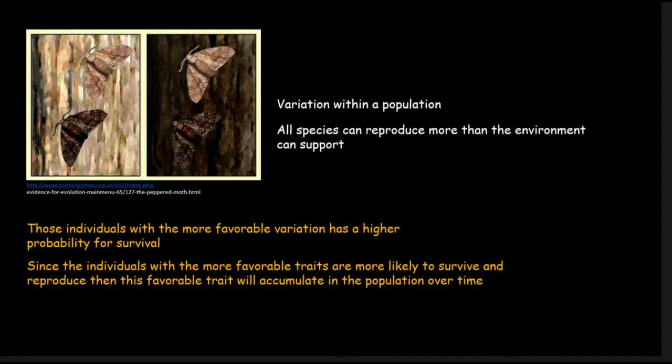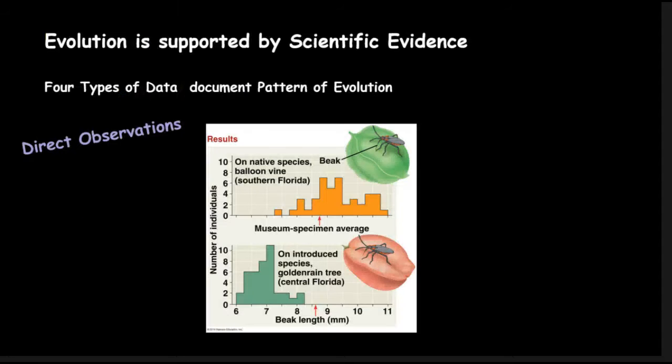Now, evolution is supported by scientific evidence, and we have 4 types of data that document the pattern of evolution. One is direct observation. So if we take a look at this example here, the soapberry bug feeds off of the seeds of the fruit of a balloon vine.